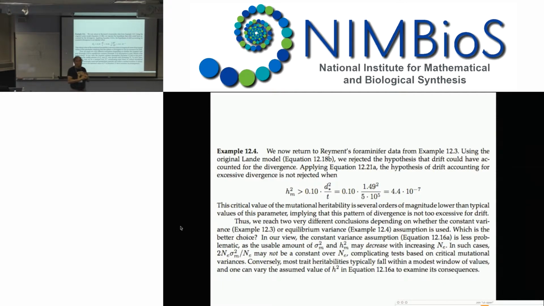So I guess one of the big take-home messages is everybody loves to test for selection, right? Because nature's out there, it's shaping things. As a biologist, you look at stuff and you just know that features of your organism have been adapted and shaped by selection. You don't know which ones, they may not be the ones you're looking at, but you know they've happened.